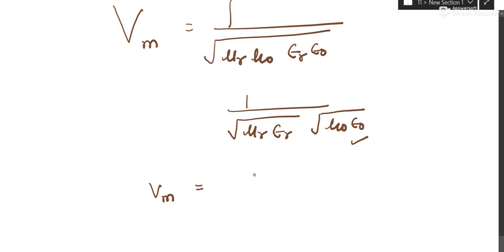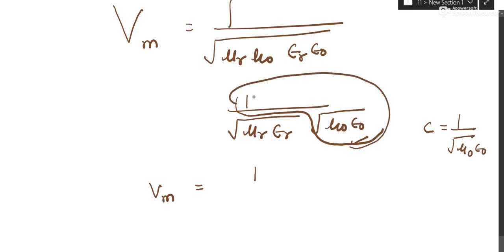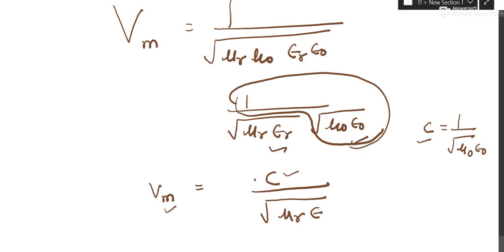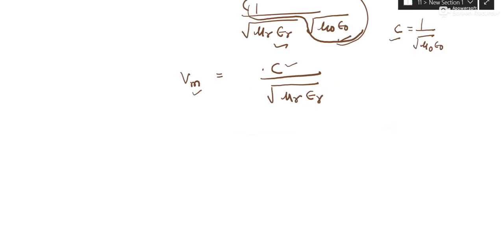You know, 1 by root of mu naught epsilon naught, that is C, we have done. So C I am writing up, and upon root of mu r epsilon r comes down. So this is the relation between the speed of light in a medium and the speed of light in free space. So you can remember this relation as well. Okay, so this is all in this video. Kindly prepare these.